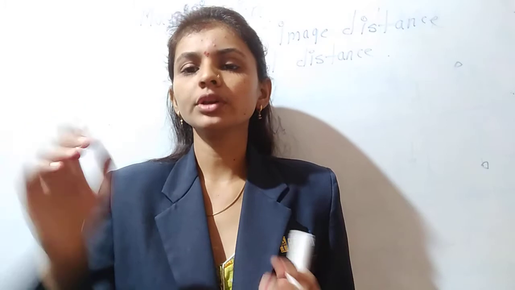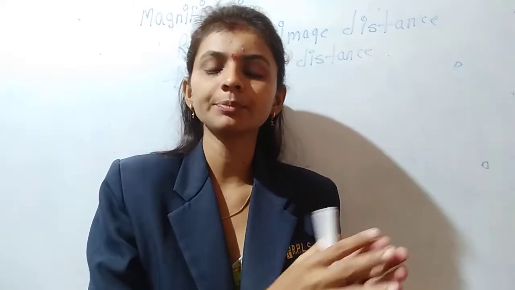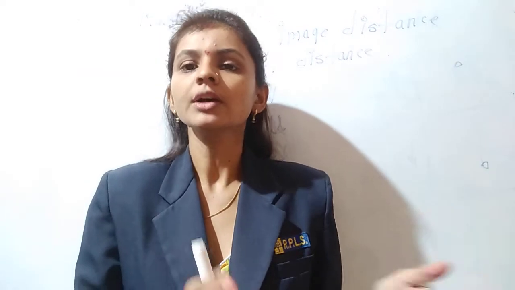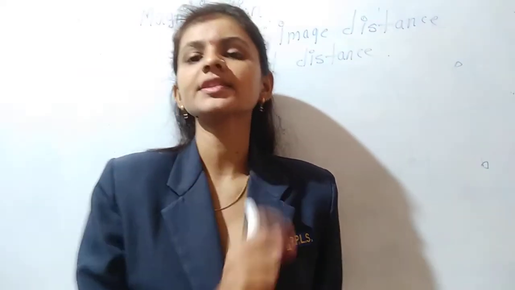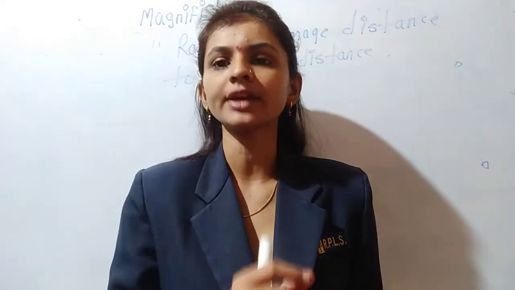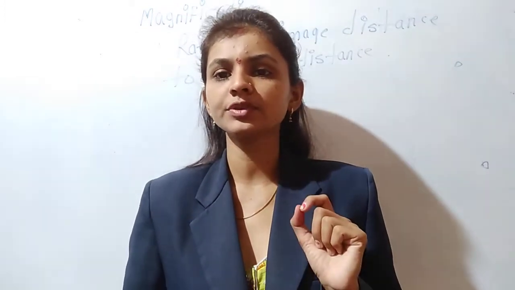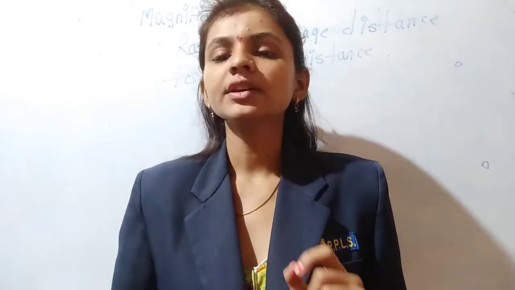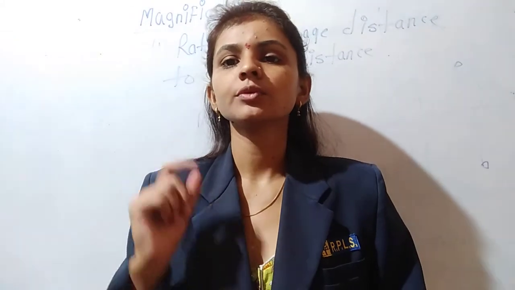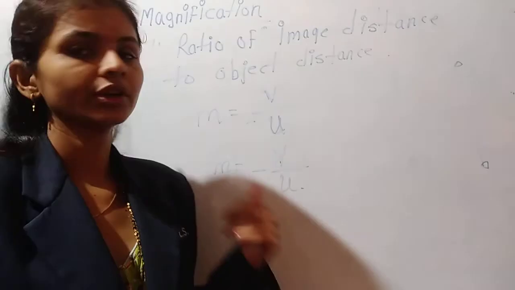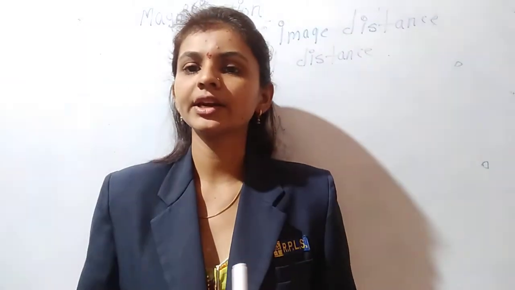The u, the object distance, is always kept on the left side of the principal axis, and it always has a negative sign. So that's why magnification by using distance is negative. So m is equal to minus v upon u.